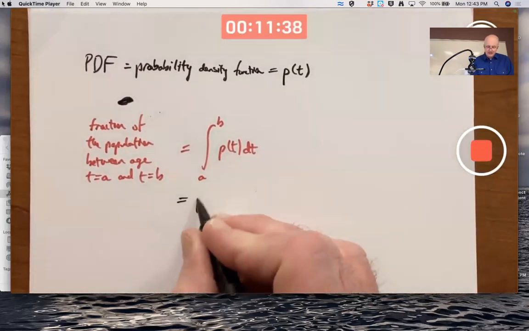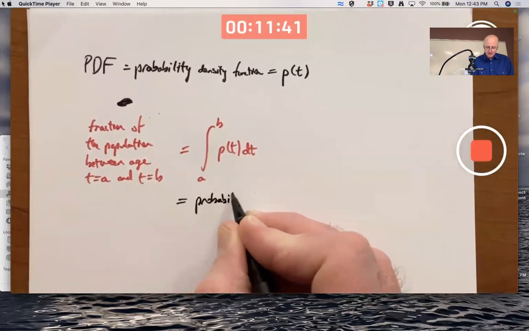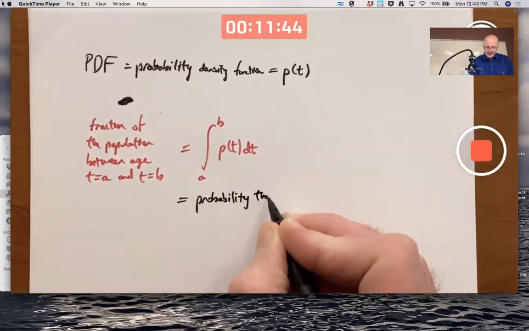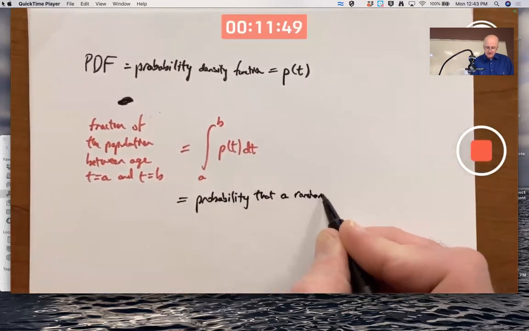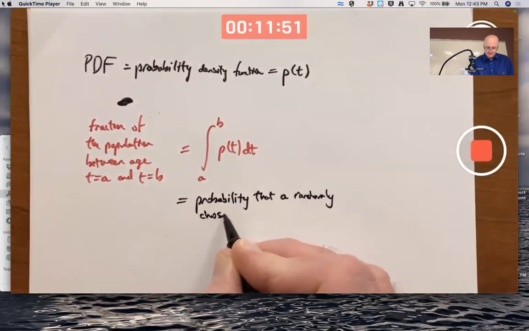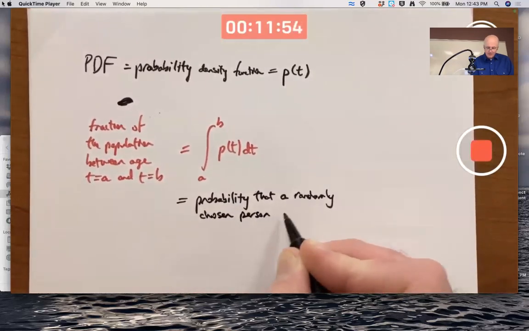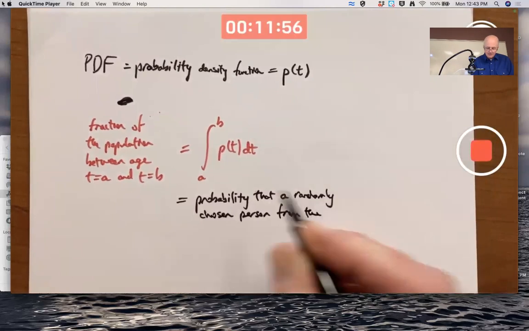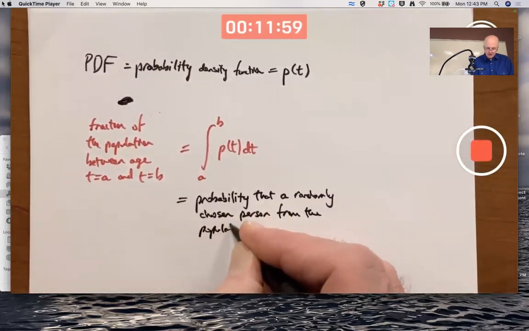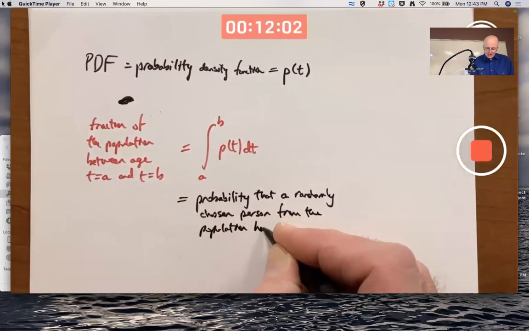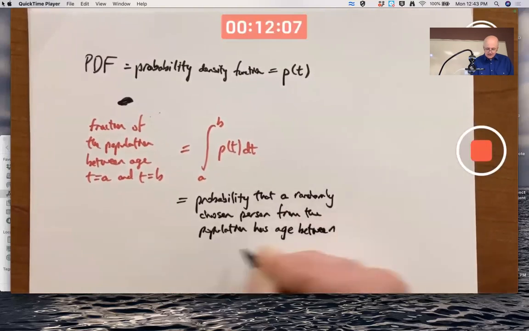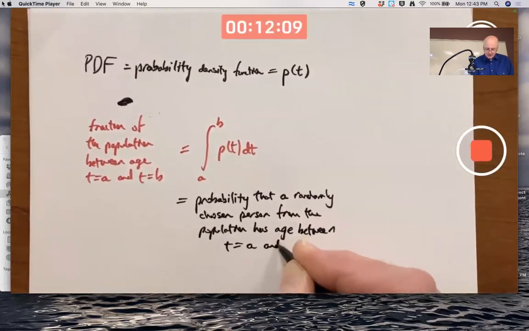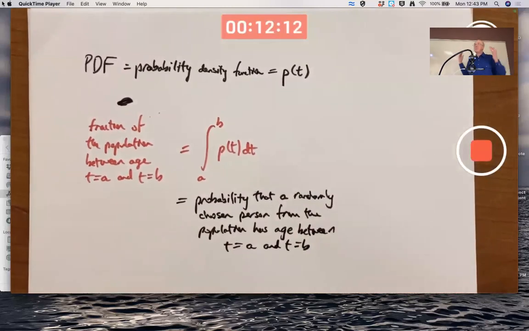It's the probability that a randomly chosen person from the population has age between t equals a and t equals b. The integral, the area, represents both. They're the same. That should be intuitive.